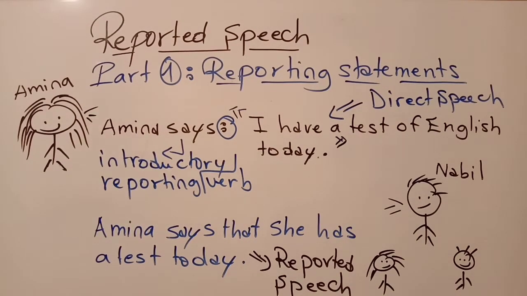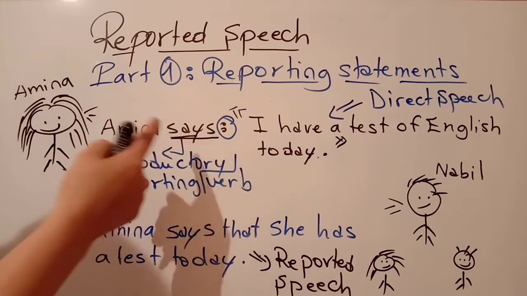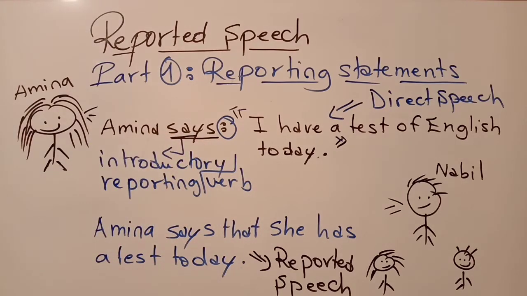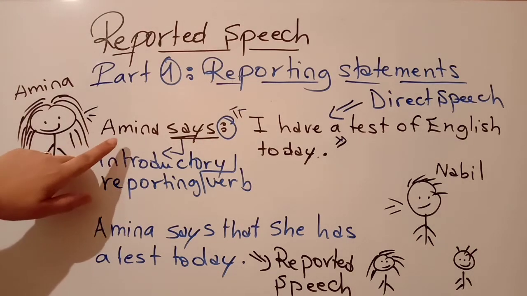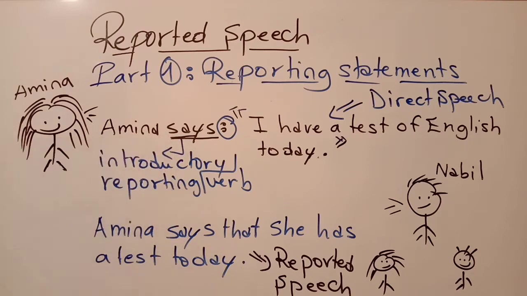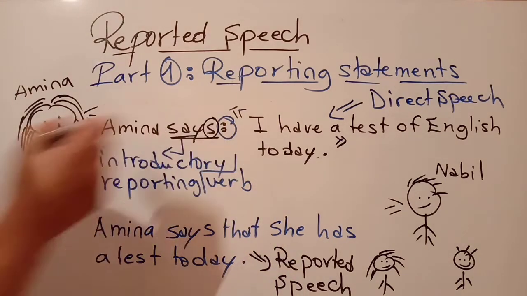Something very interesting to bear in mind is about the introductory verb. The tense of the introductory or reporting verb is very important. It's the introductory verb which states if we are going to have tense and time changes in reported speech or not. For example, here in this speech we have "Amina says," so the reporting verb is present simple.